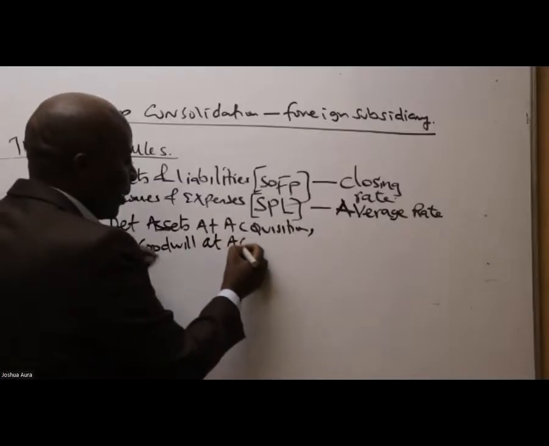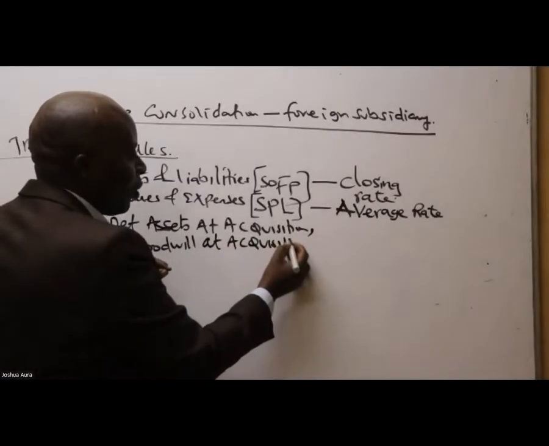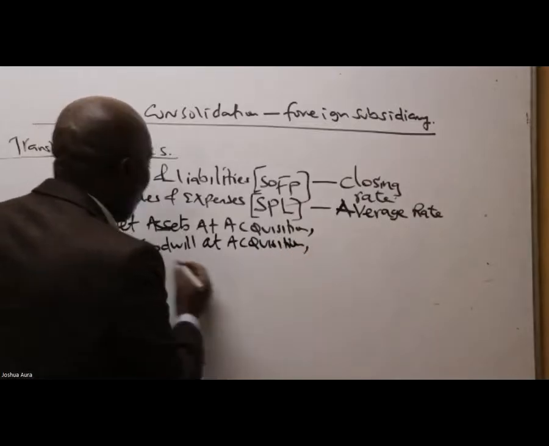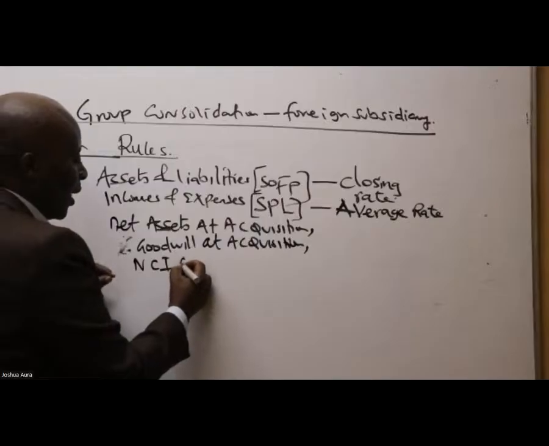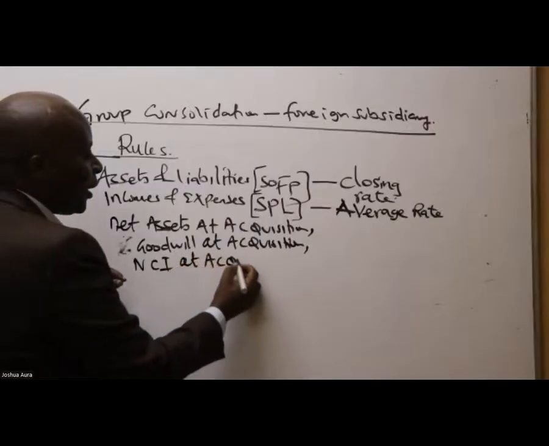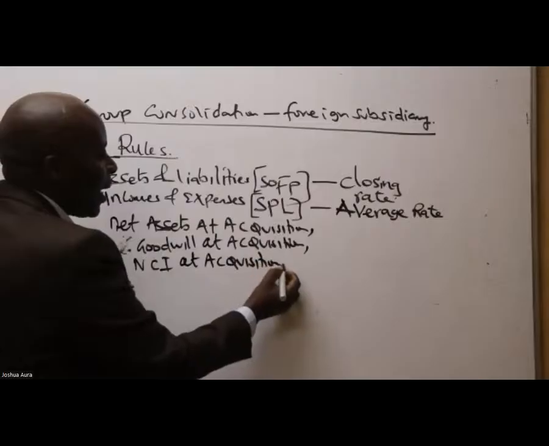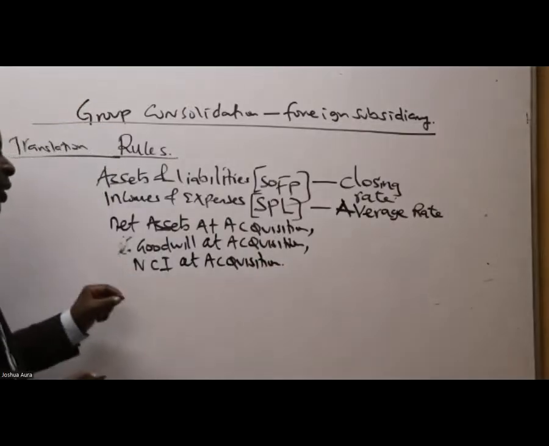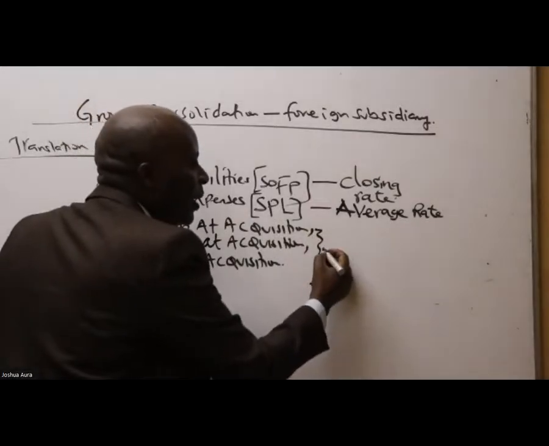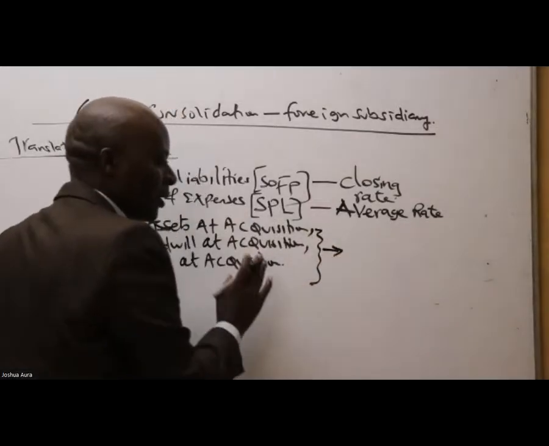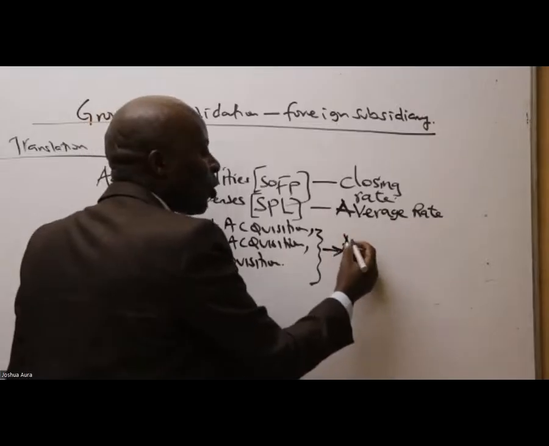I want to keep on insisting on this. Goodwill at acquisition. Talk of NCI at acquisition. Anything where this examiner is using the words at acquisition, everything here, we shall be translating using the acquisition rate.